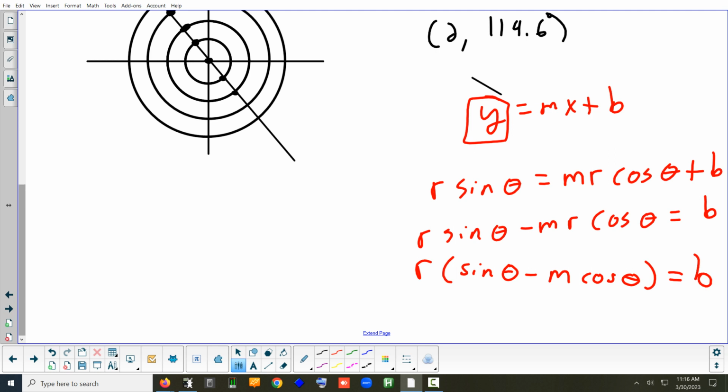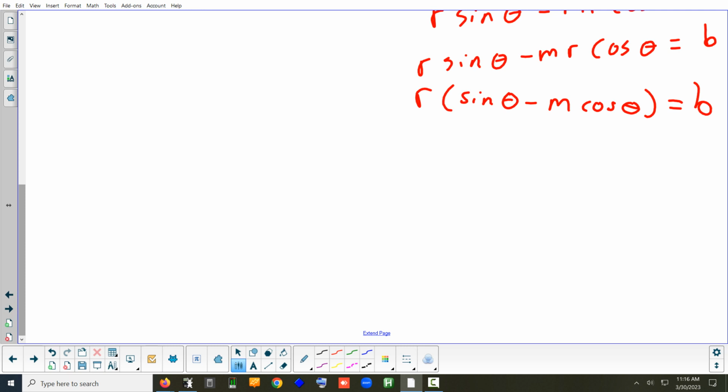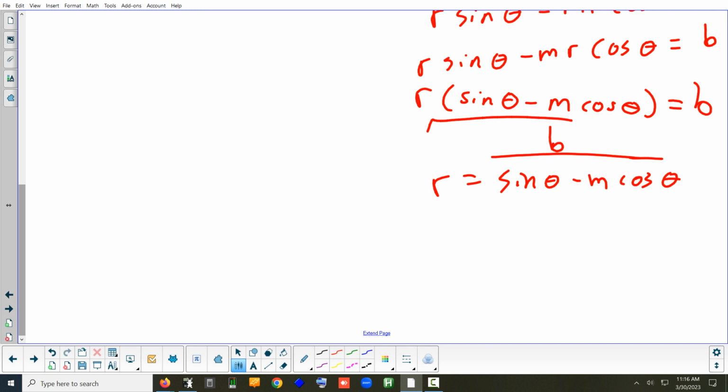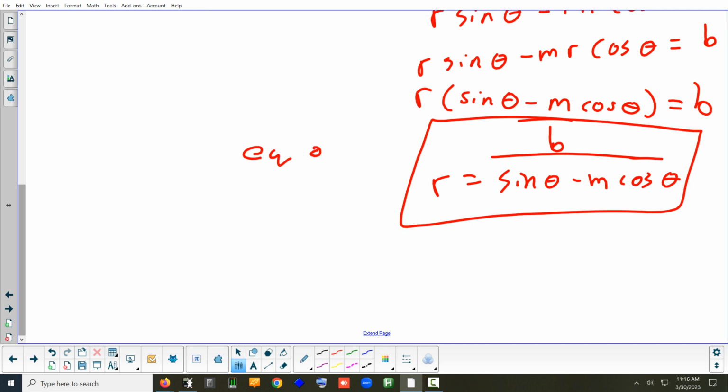And now how could we get r by itself? Now we can divide by sine theta minus m cosine theta. So this is how you would write the equation of a line in polar. That's what a line looks like. So now we could pick anything you want for your y-intercept and your slope.